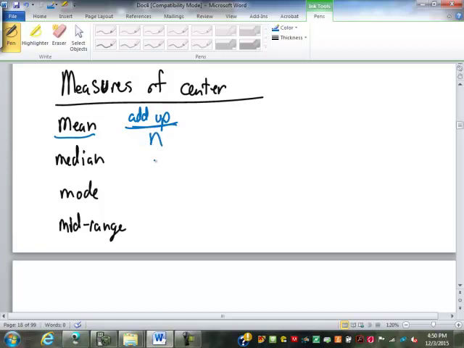Now I'm going to tell you what n means. N is the number of items in a list. So if I have 5 numbers, if I'm going to find the mean, I add them up and I divide by 5. If I have 3 numbers, I'm going to find the mean, I add them up and divide by 3.